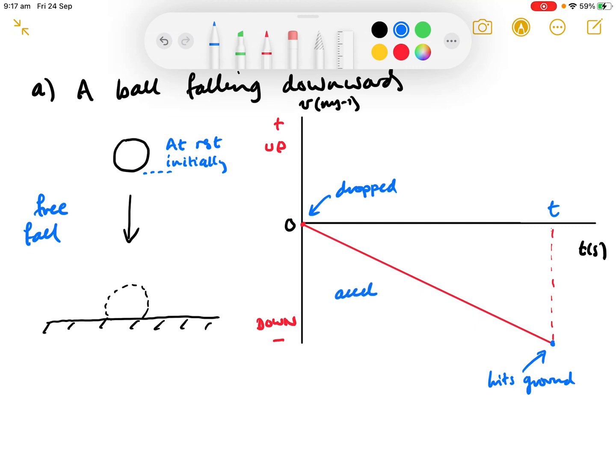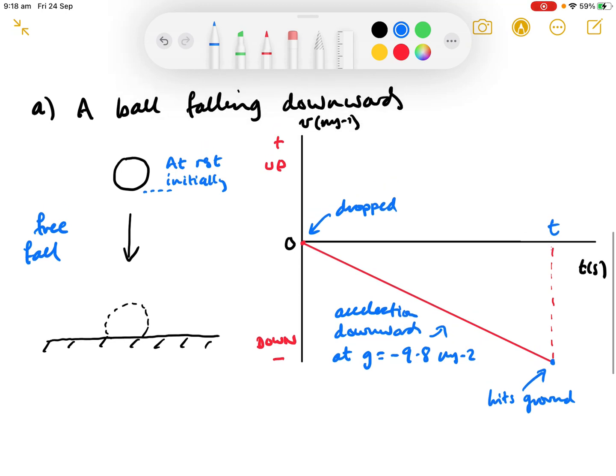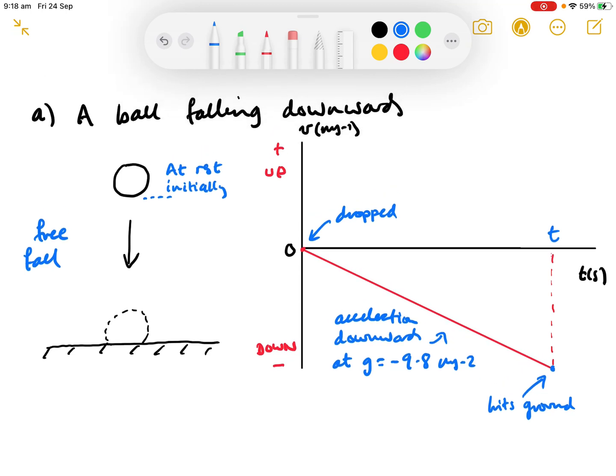And this is an acceleration downwards at g, which is minus 9.8 meters per second squared. Okay, so that's the graph, the velocity time graph of a ball falling downwards.